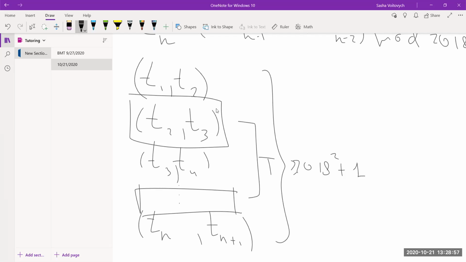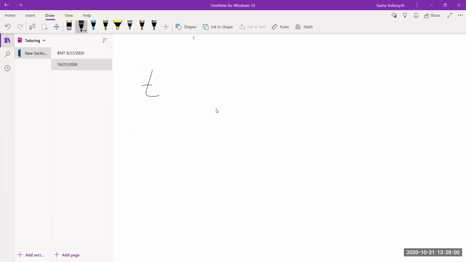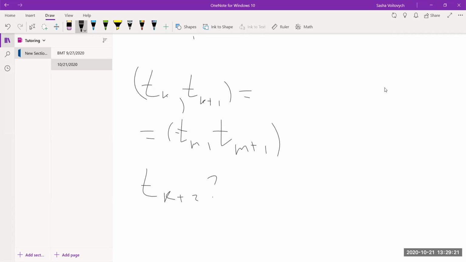Why? Well, suppose tk plus 1 is equal to tm plus 1. How is tk plus 2 determined?